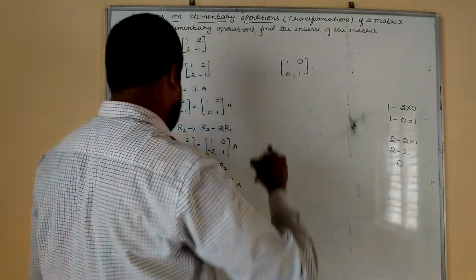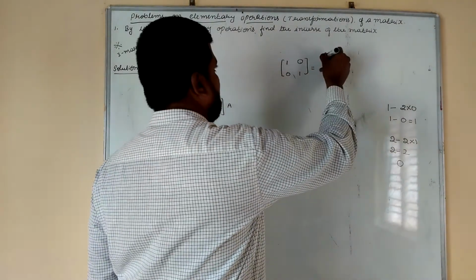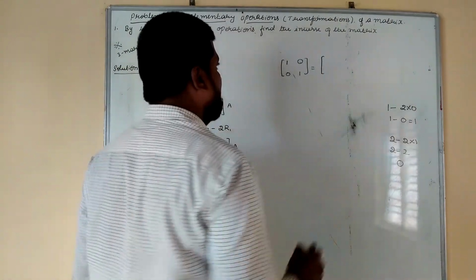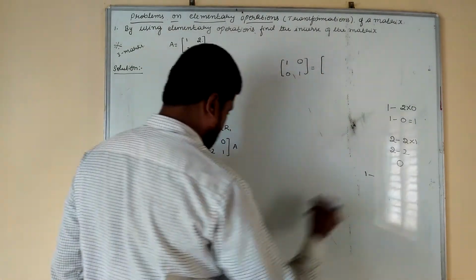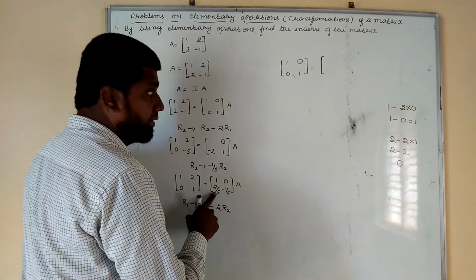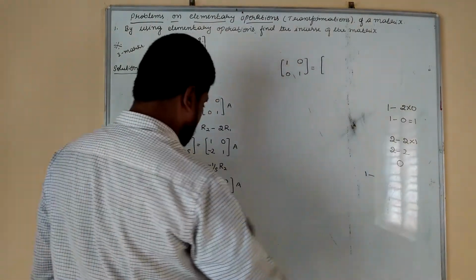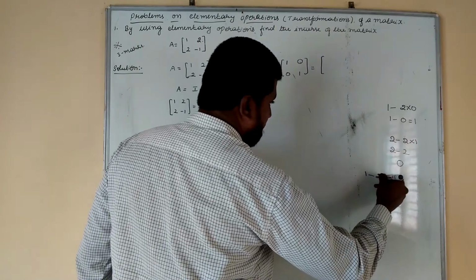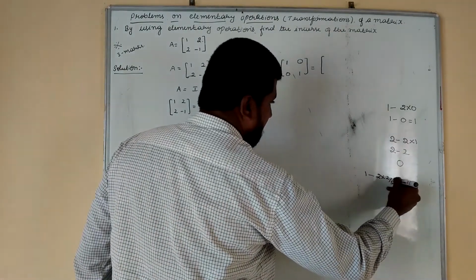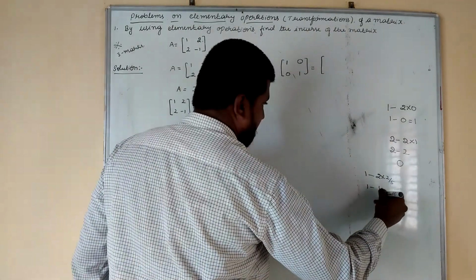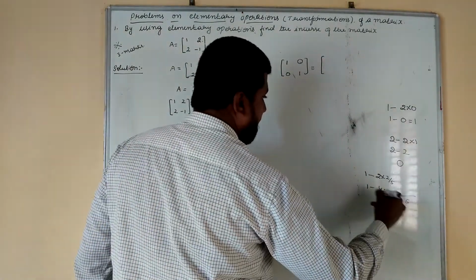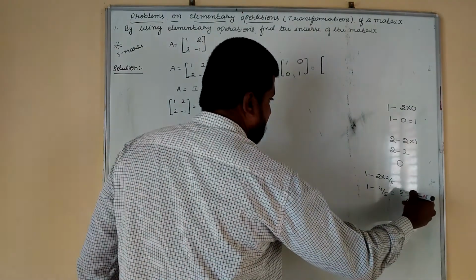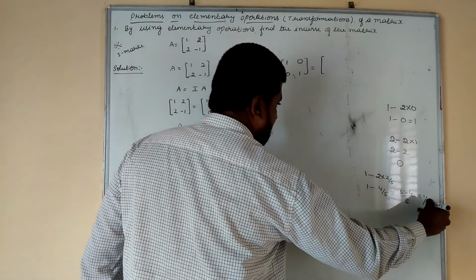So go for the right side. Now you have to change the R1. So here R1 is 1 minus, you have to multiply with 2 the element 2 by 5, then you are getting 1 minus 4 by 5. Then take LCM. If you take LCM, 5 minus 4, then you are getting 1 by 5.